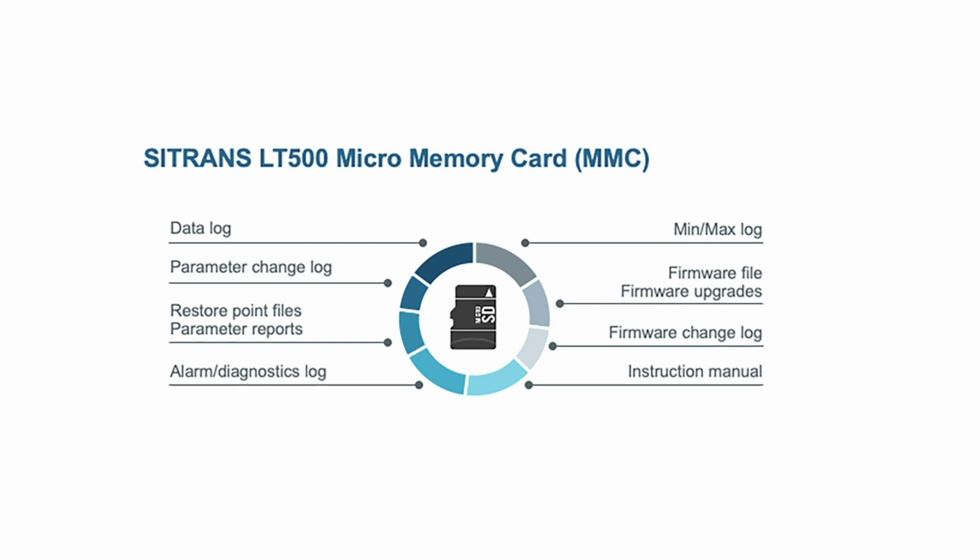It can store data logs for all of the PVs selected, a parameter change log showing all of the different settings that have been changed in the device, backup restore point files, which also double as a parameter report, which can be viewed and printed and saved or emailed, an alarm or diagnostic log, a min-max log showing the min-max values of the selected PVs, the actual firmware file for the LT500, and also the ability to do firmware updates, a firmware change log recording all the changes that have been made to the device, and the instruction manual.